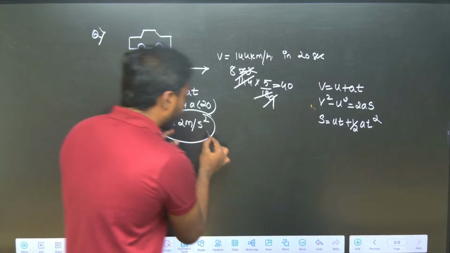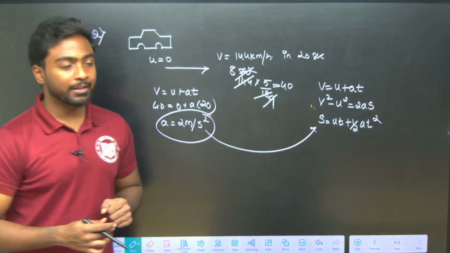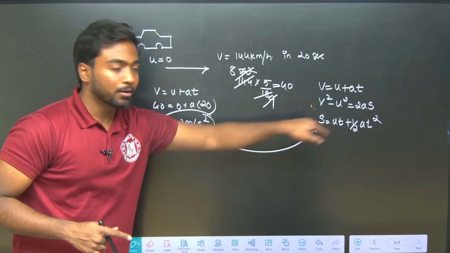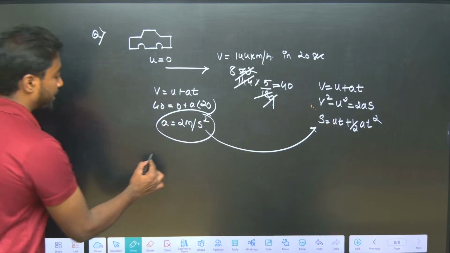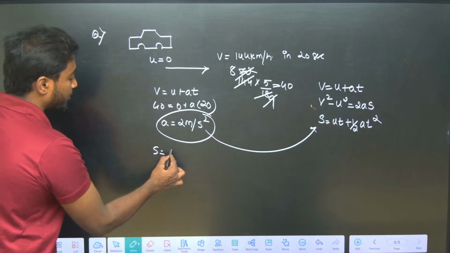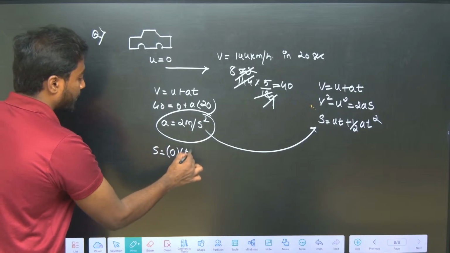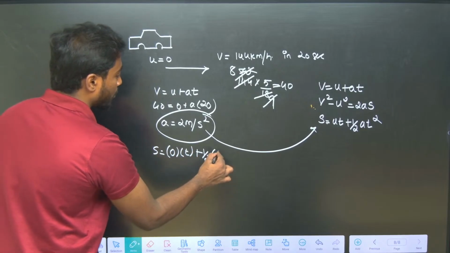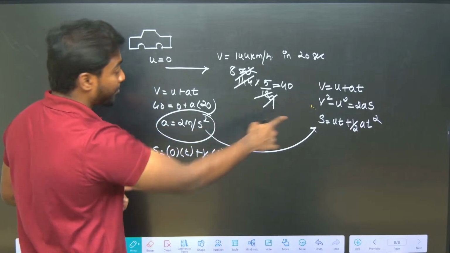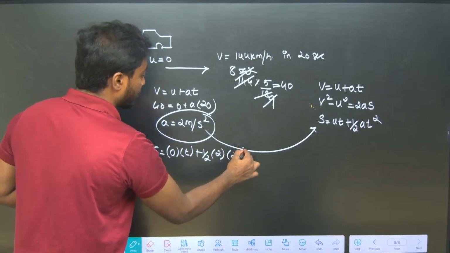Now take this acceleration and substitute here. So I can find S is equal to u is 0 into t plus 1 by 2 into 2, and time is 20 seconds, so 20 square.